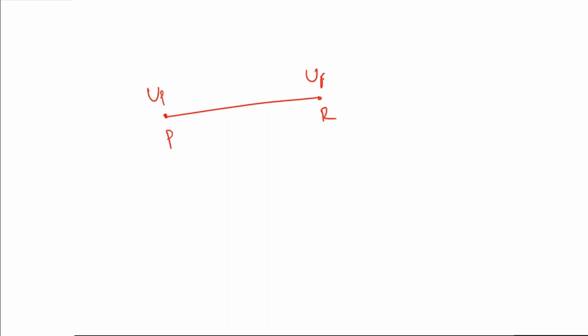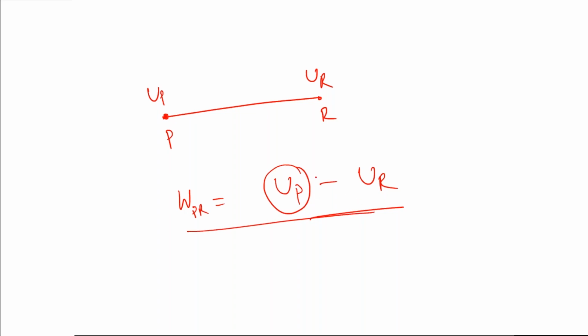I have point P here and point R here, with UP here and UR here. The work done is relevant, which is the potential energy difference. The potential energy at an individual point is not that important, because we cannot relate it to work done. When you go from one point to another, we do certain work, and the potential energy difference is what is relevant for us.